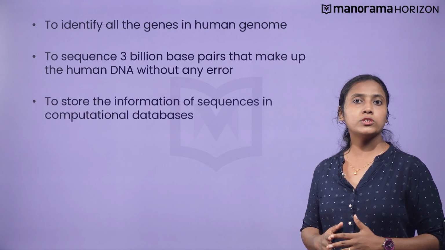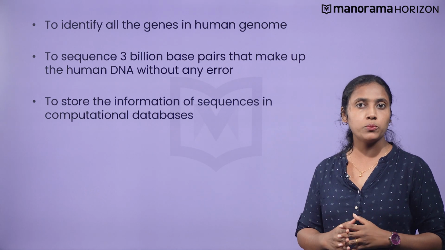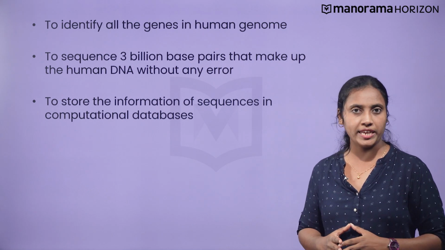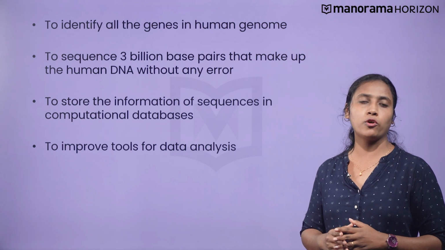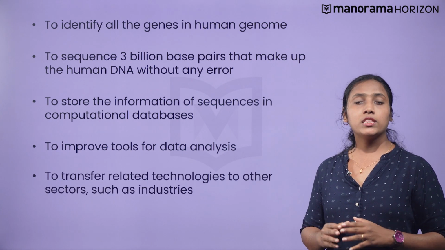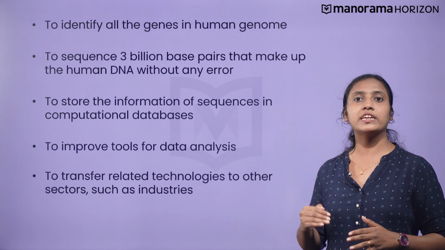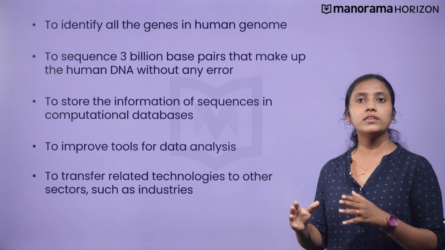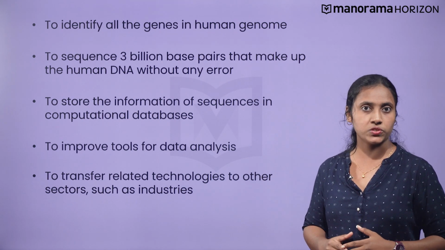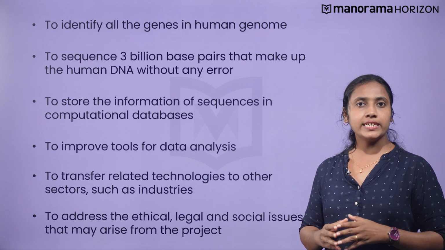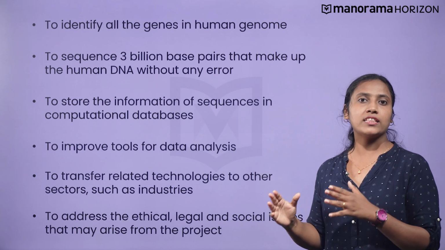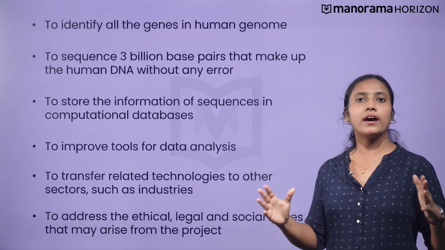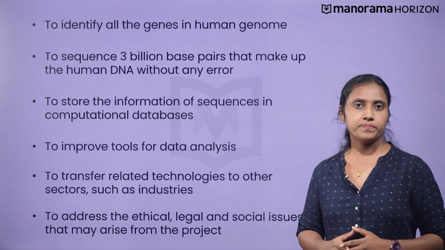The third goal was to store the information of sequences in a computational database. The fourth goal was to improve the tools for data analysis. The fifth goal was to transfer related technologies to other sectors such as industries. And the sixth goal was to address the ethical, legal, and social issues that may arise from the project.